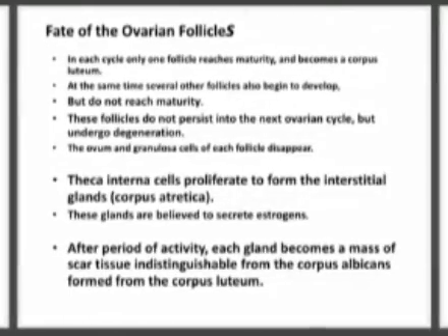Fate of the ovarian follicles. In each cycle, only one follicle reaches maturity. Remember this: in each cycle, one follicle reaches maturity and becomes a corpus luteum. At the same time, several other follicles also begin to develop but do not reach maturity. These follicles do not persist into the next ovarian cycle but undergo degeneration, which is known as atresia.